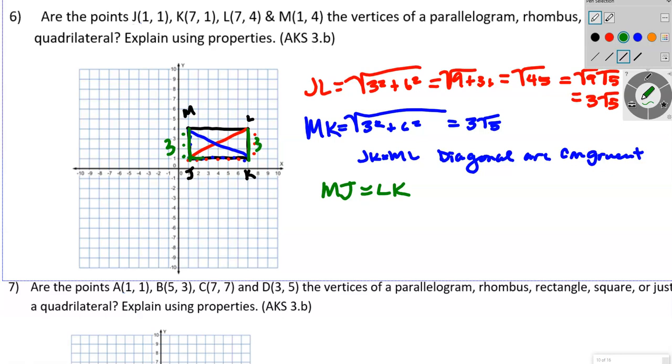We could talk about JK and ML, right? So we would say JK, and again, this is 1, 2, 3, 4, 5, 6, and that's 6, okay? So we could say JK is equal to ML, and this is saying that opposite sides are congruent.